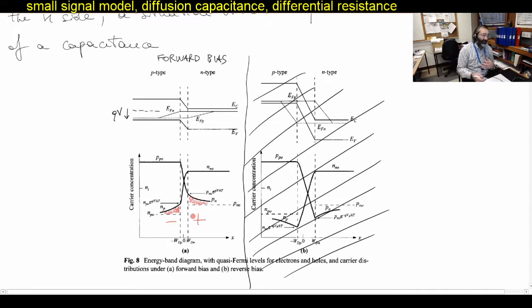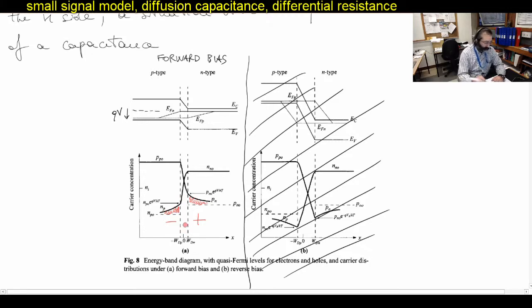That's why it's called diffusion capacitance. We have positive charges here, negative charges here, a huge amount of them, separated by the depletion region, which in forward bias is also small. This means that the diffusion capacitance is huge.